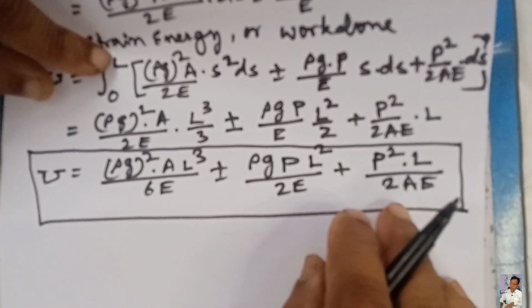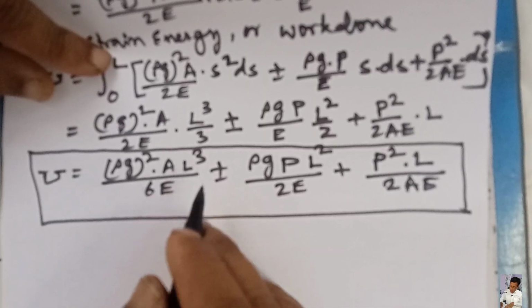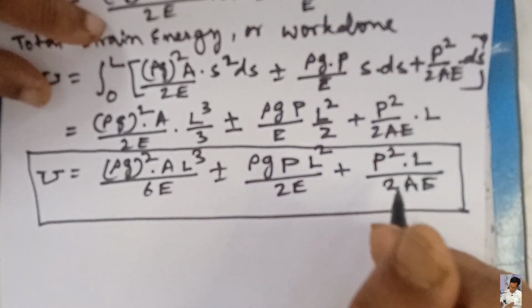So this is the strain energy of a bar due to self weight and an additional load P.